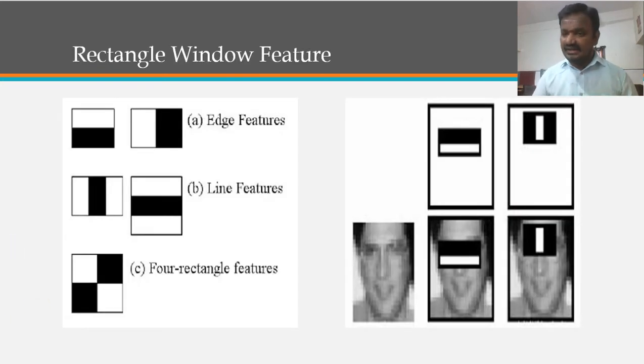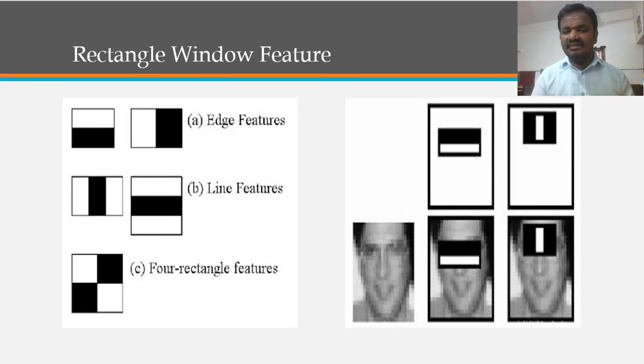Here we have rectangle window features, such as edge features, line features, and four-rectangle features. To detect a face, it has to do edge detection of the face, and then the eyes, the nose, and the mouth, and the face should be detected by the program.